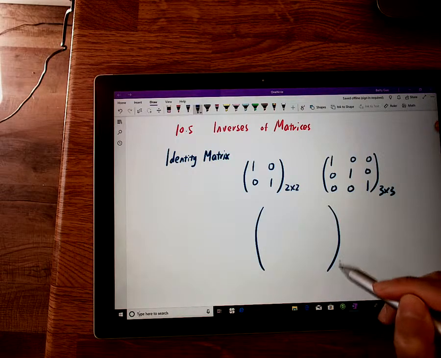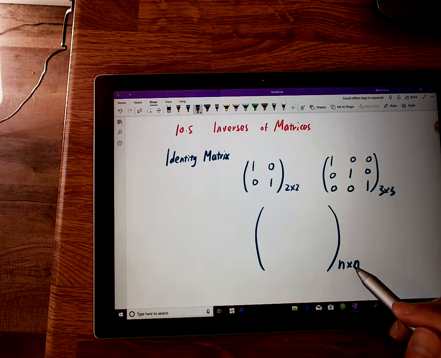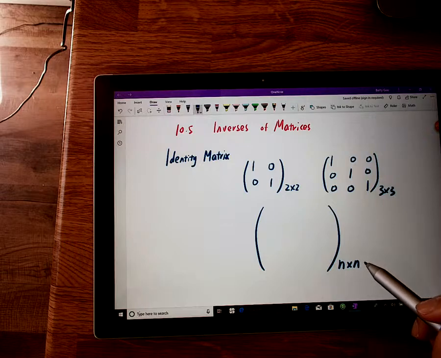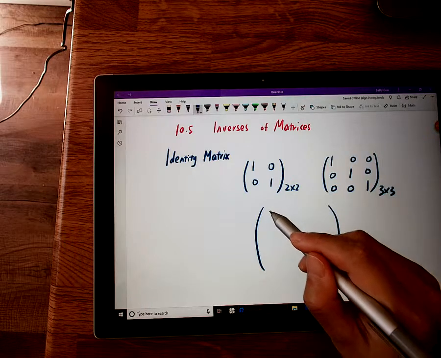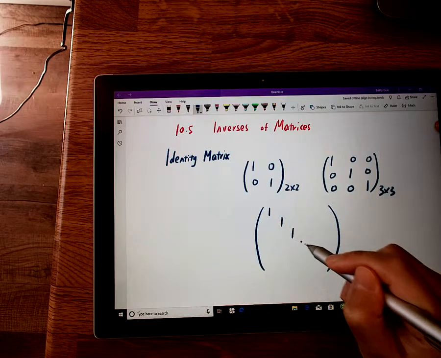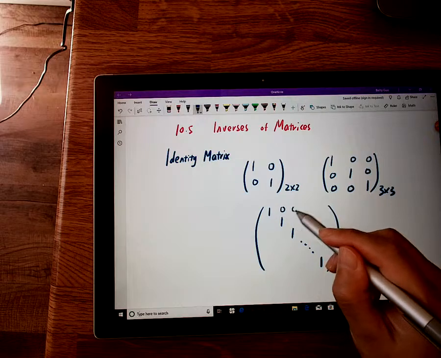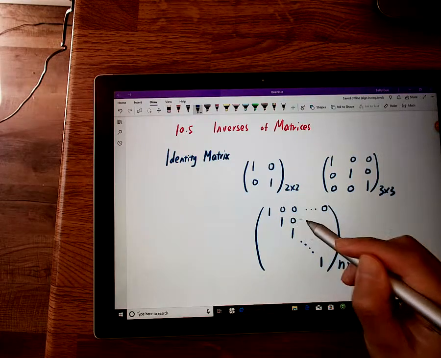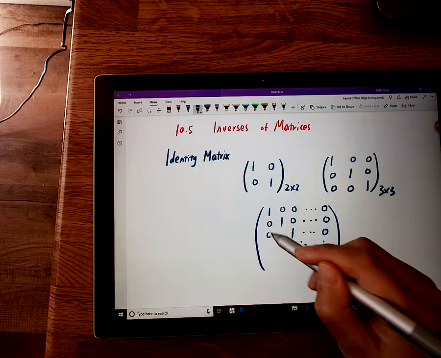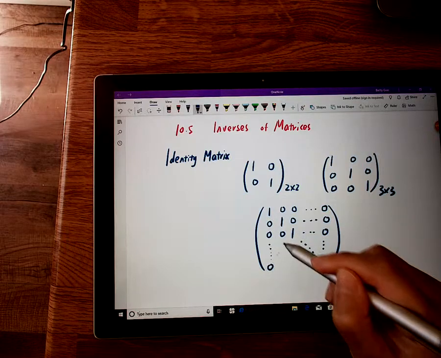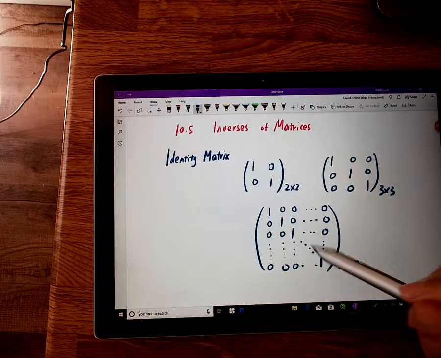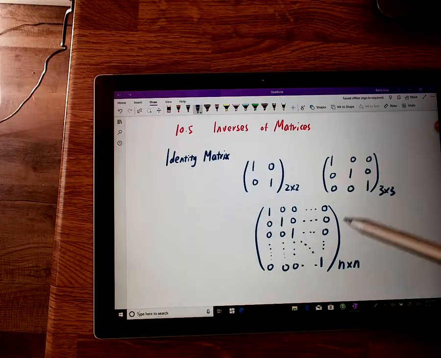Generally, if we have an n by n square matrix, the number of rows and number of columns are n. n could be any positive integer. The entries on the main diagonal are ones, and all other entries are zeros. Then this kind of matrix is called an identity matrix. I think I'm clear enough, right?